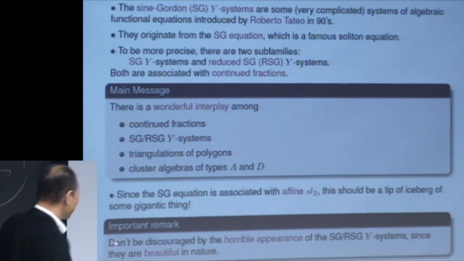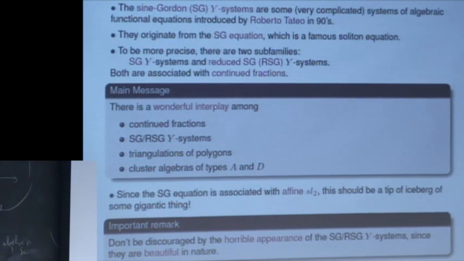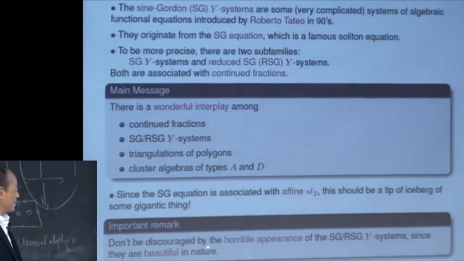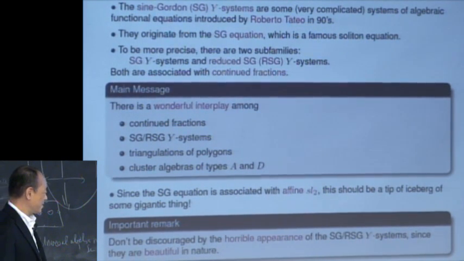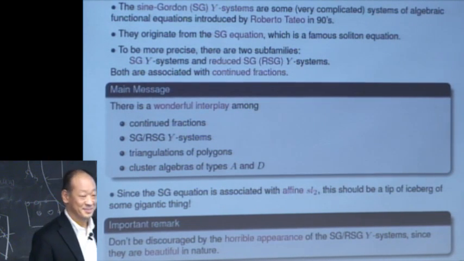Also, don't be discouraged by the horrible appearance of the sine-Gordon Y systems, since they are beautiful in nature.